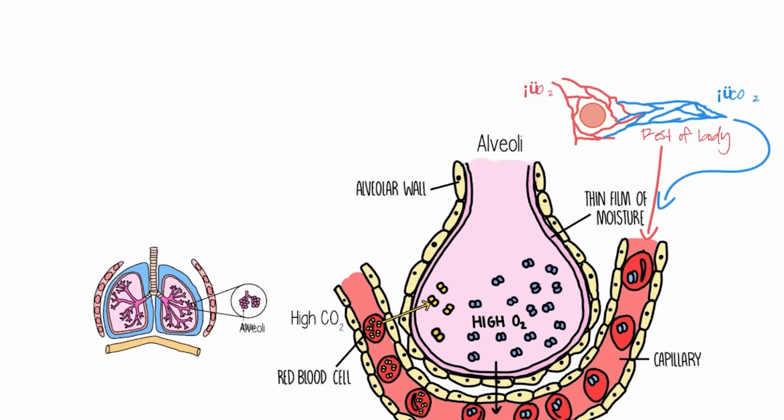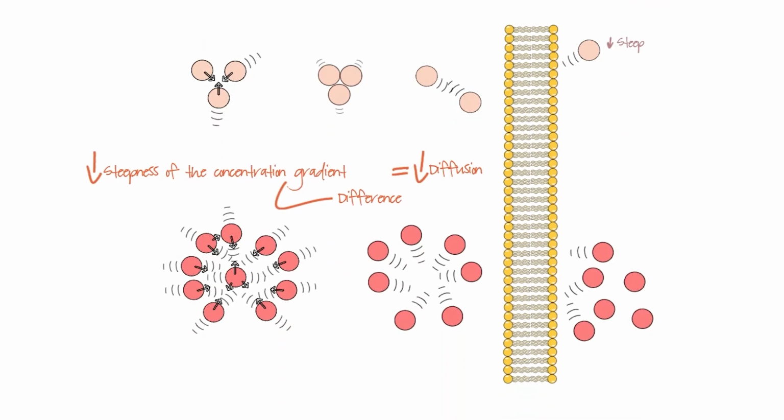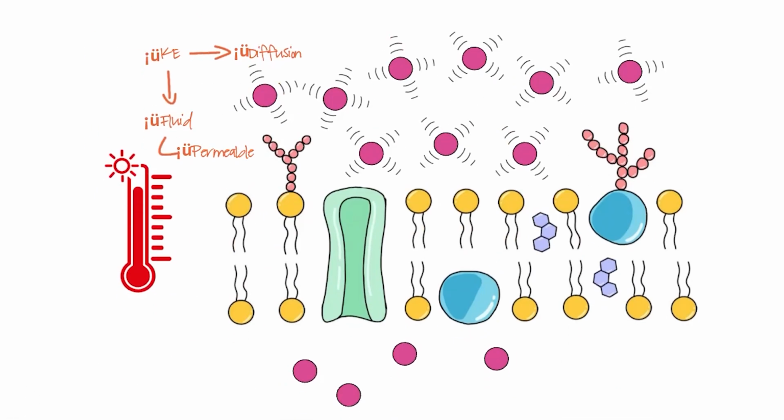We saw how our respiratory system makes use of diffusion to deliver oxygen to our blood and remove carbon dioxide from our blood. We looked at the various factors that can affect the rate of diffusion. For example, the greater the steepness of the concentration gradient, the greater the rate of diffusion. Similarly, we saw how higher temperatures lead to molecules having greater kinetic energy and increasing the rate of diffusion.